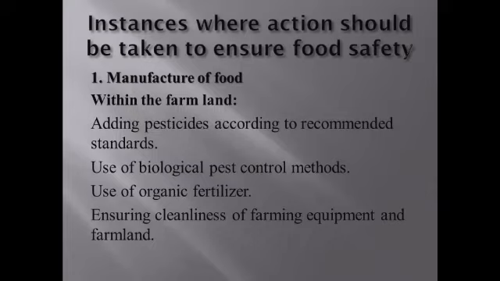Next one, ensuring cleanliness of farming equipment and farmland. That is also important. Why do we need farming equipment to be clean? When we are going to apply fertilizer or spray something with a pump, we should also be in the same kind of clothing, and the equipment should be fully cleaned. Because why?